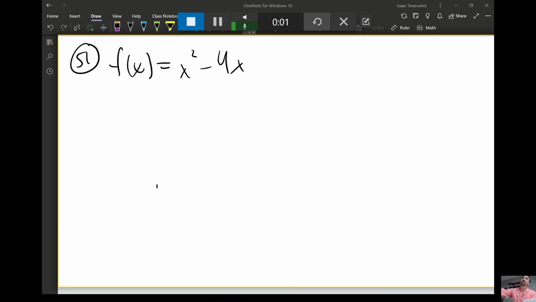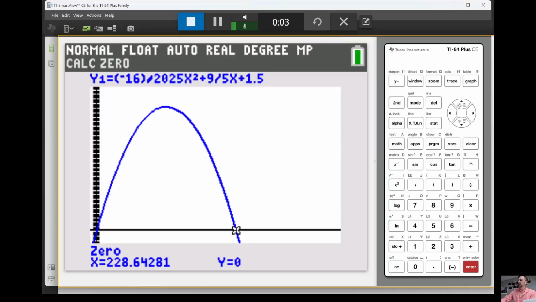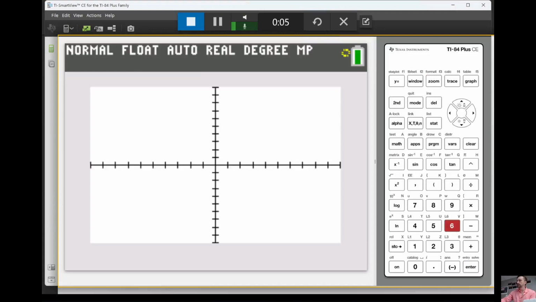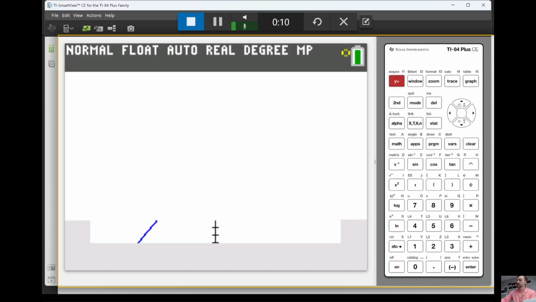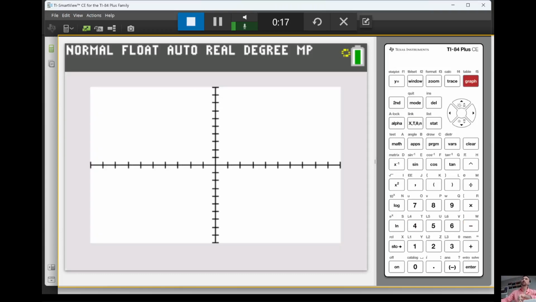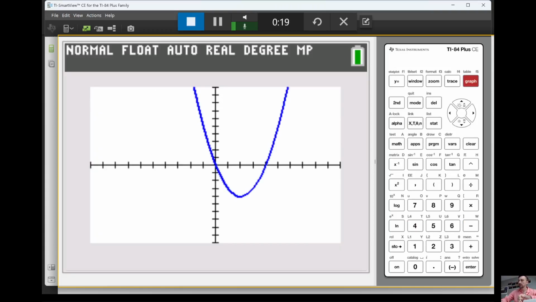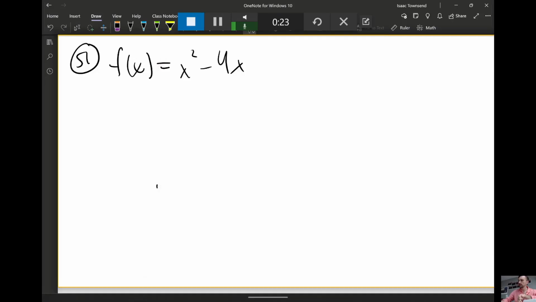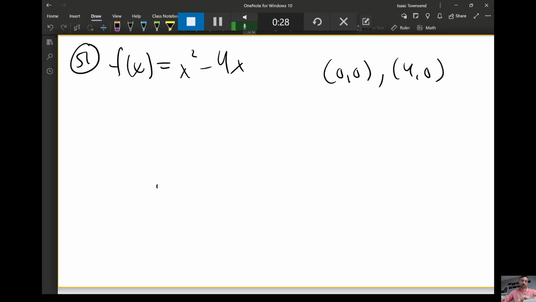So for the first half of the question, they're saying, why don't you graph the equation x squared minus 4x so that you can see where the x-intercepts are, 0 and 4. And then compare them with trying to solve this by hand.